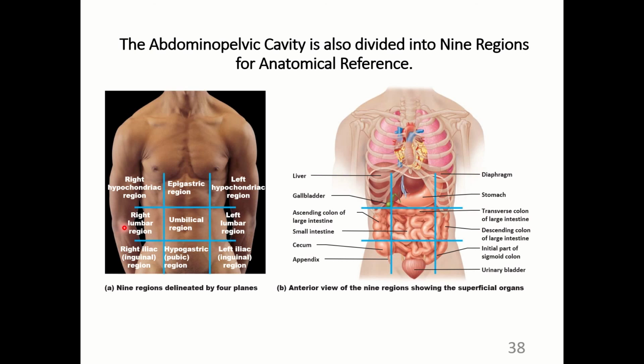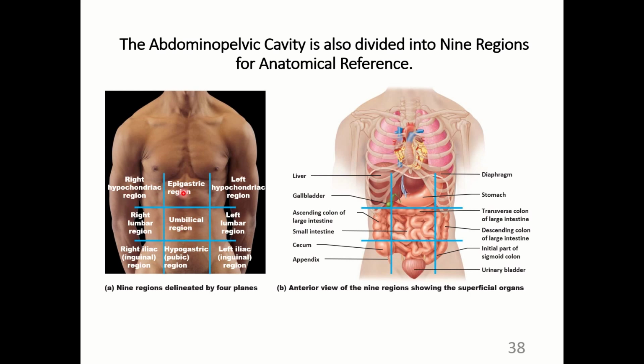When looking at the 9 regions, it's like a tic-tac-toe board, and you can start with the umbilical region, which is central. All the other regions are related to the umbilical region.